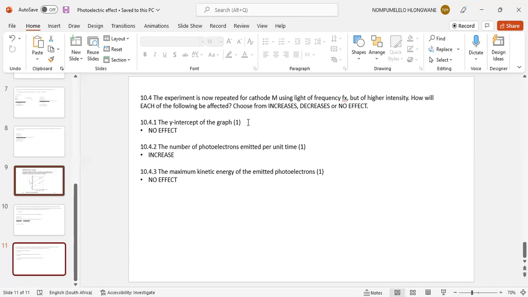Since intensity does not affect the frequency of light, the kinetic energy of the emitted photoelectrons will not be affected. Thus, the answer is no effect right here.